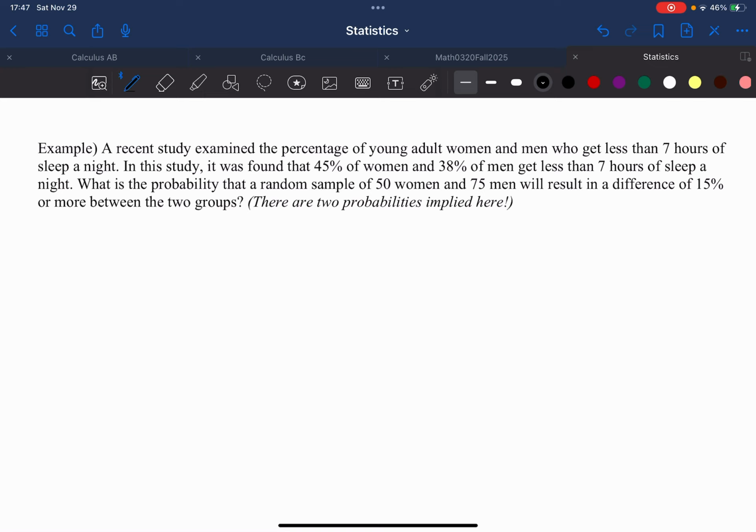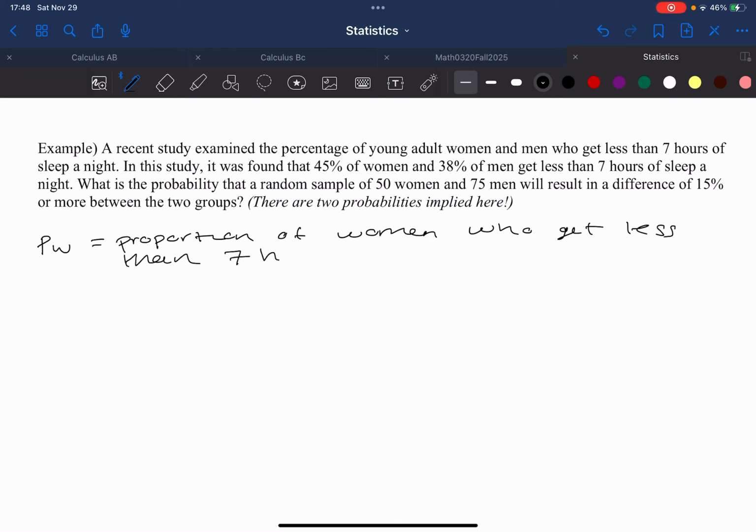So our first step is to communicate, and that is to label what our two proportions are. So we have the proportion, or PW, which is going to be the proportion of women who get less than 7 hours of sleep. And then PM, which is going to be the same thing, but for men.